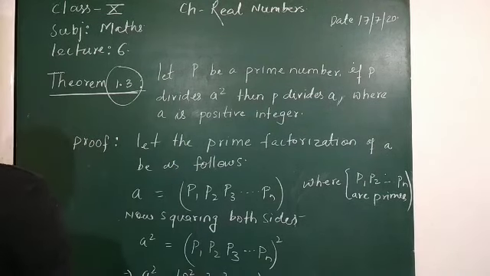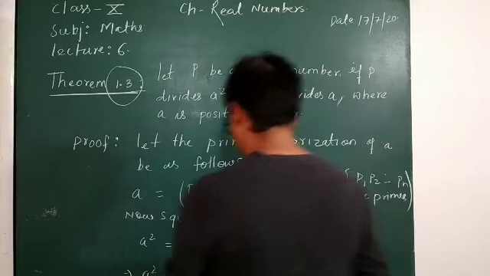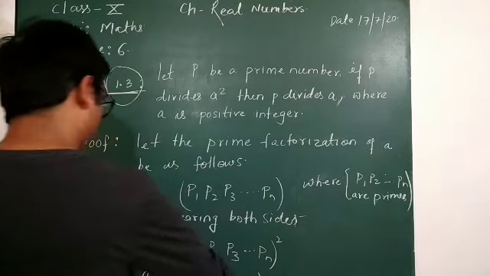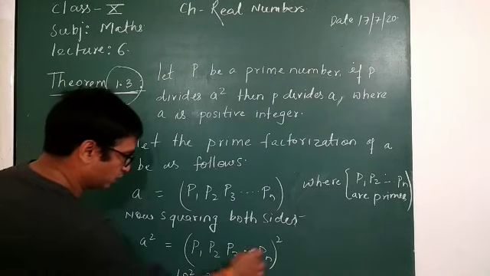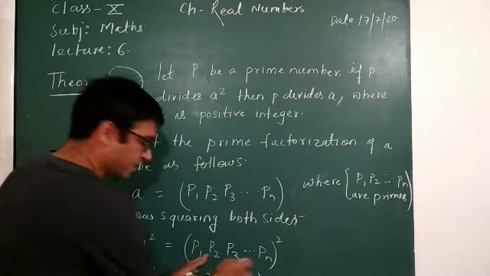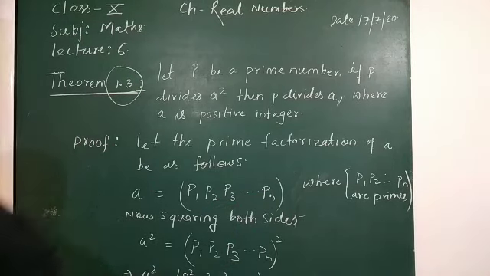Now we can write this in two separate ways. This will be the square, or we can write it by removing this square, not putting a square, and writing this same number two times. So let's see.